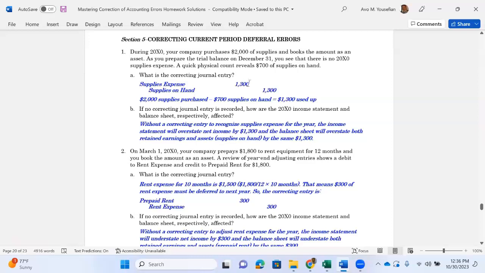If expense is understated, that means income is overstated in the income statement. And if income is overstated, then retained earnings will be overstated. Also, if you don't record the reduction of the asset, then the asset in your balance sheet will be overstated also.